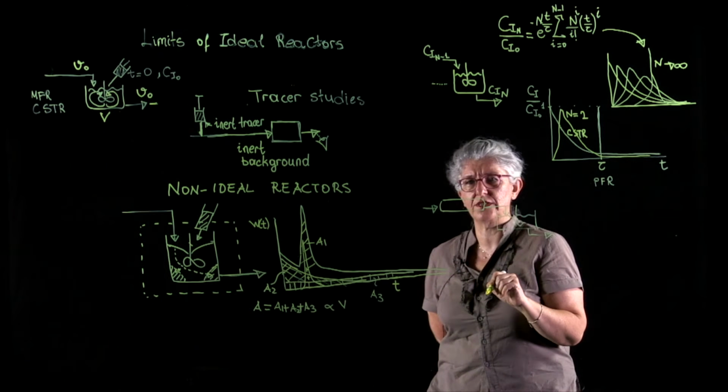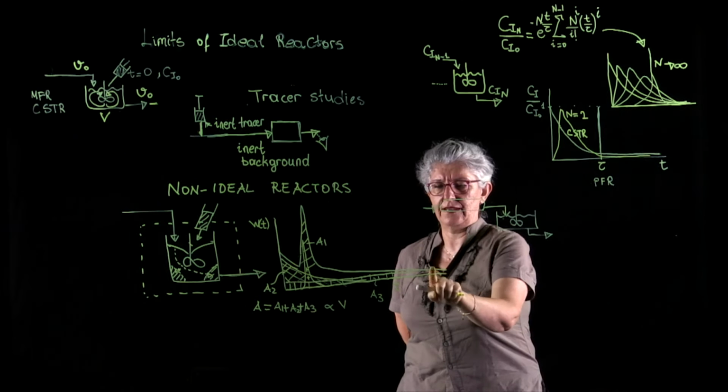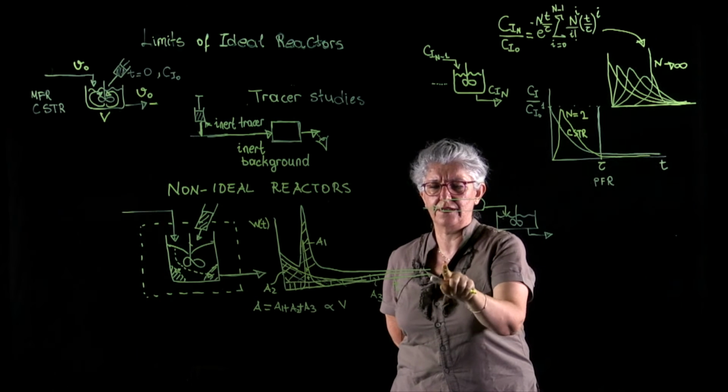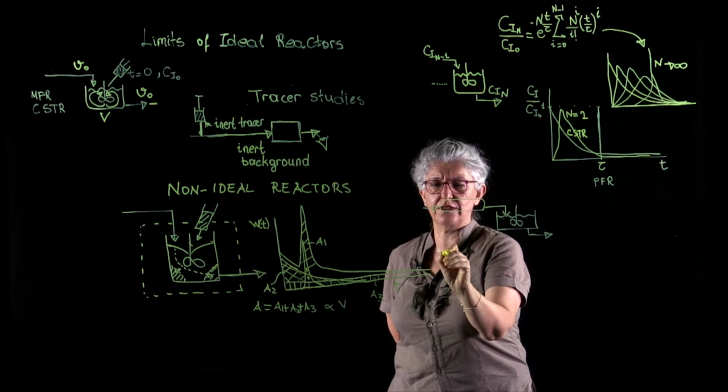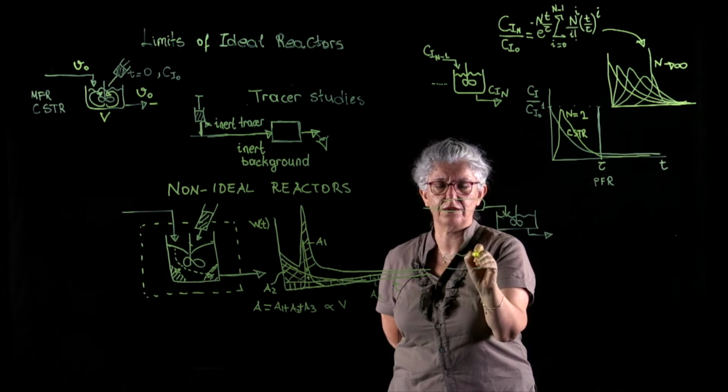In the first situation we have the plug flow reactor as the first unit, in the second situation, we have the CSTR as the first process unit.